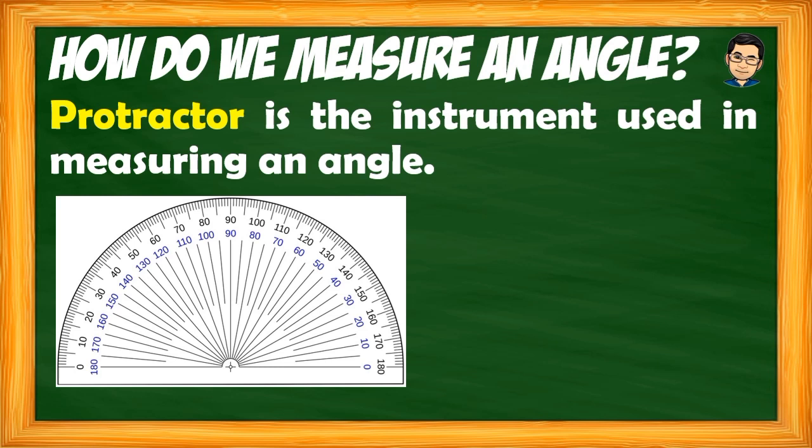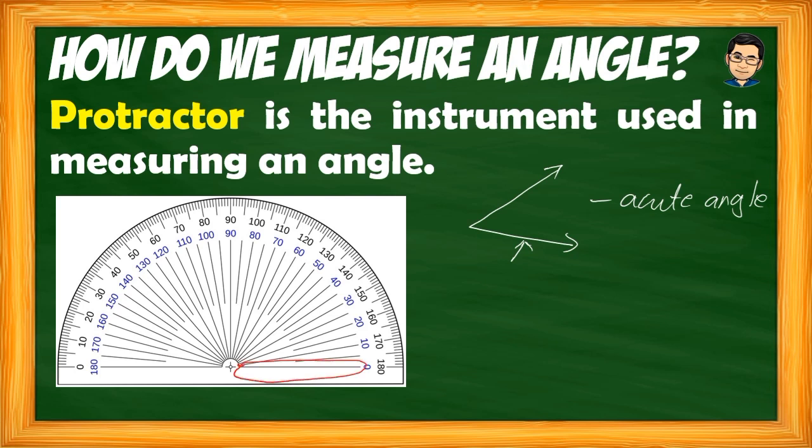Madali lang naman ang paggamit ng protractor. It's just that, yung isang side po ng angle, like for example, ito yung angle. Ayan. Ito pong angle na yan ay isang acute angle. Yung isang side niya, like for example, ito. Yan, nakaturo siya. Yung side na yan, kailangan po yan nakatutok po dito sa guhit dito, sa pinakaibaba ng protractor.